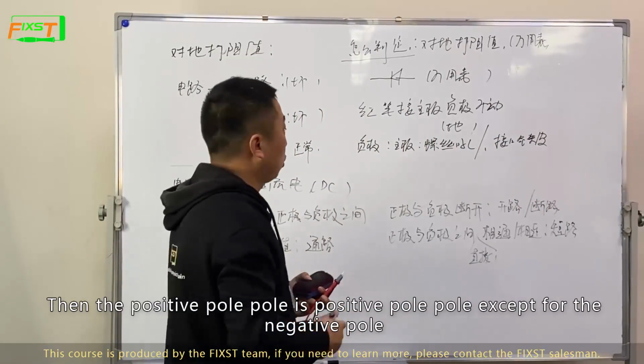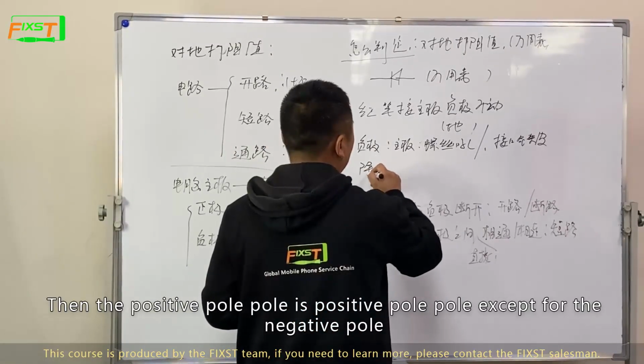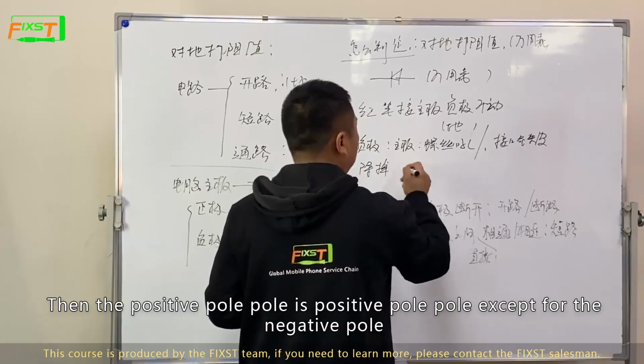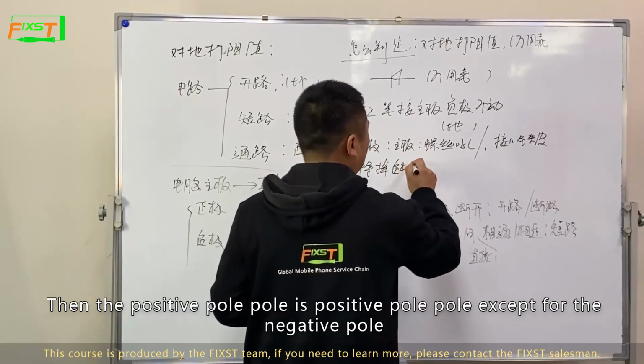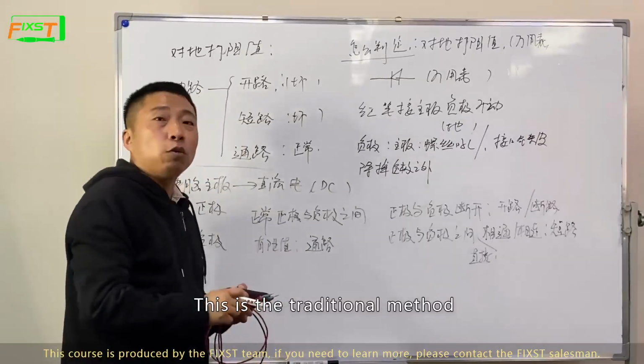Then the positive pole is everything except the negative pole. This is a traditional method.